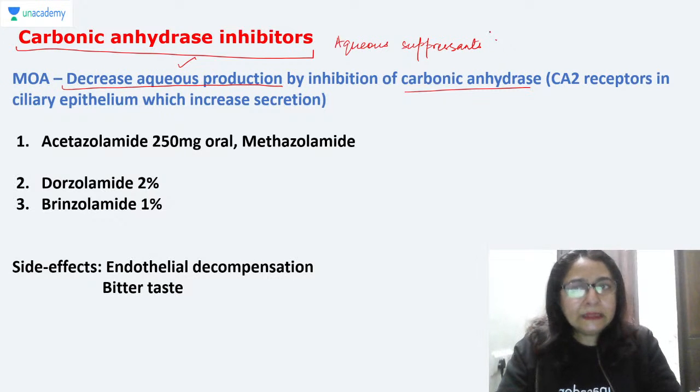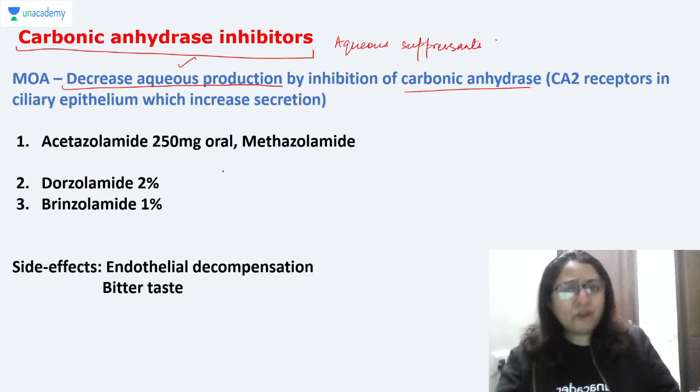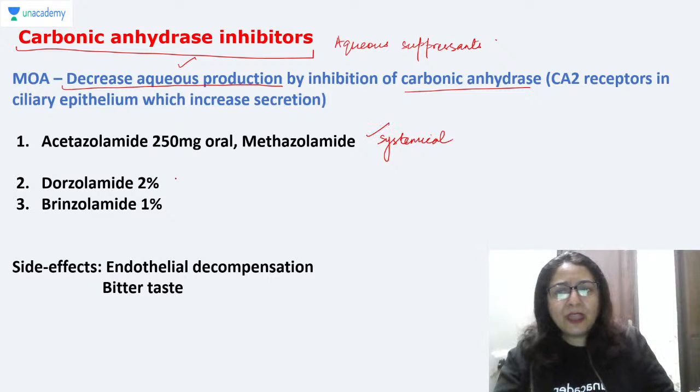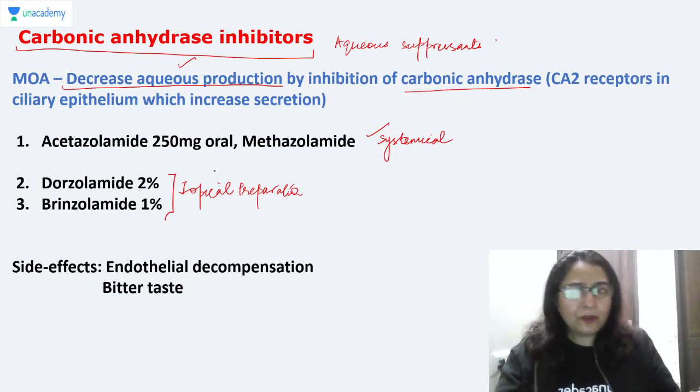In the carbonic anhydrase inhibitors, we have drugs which can be given systemically as well as topically. So these are the systemic preparations, and these two are your topical preparations. We have both kinds of preparations available. Systemic ones are your acetazolamide and methazolamide.